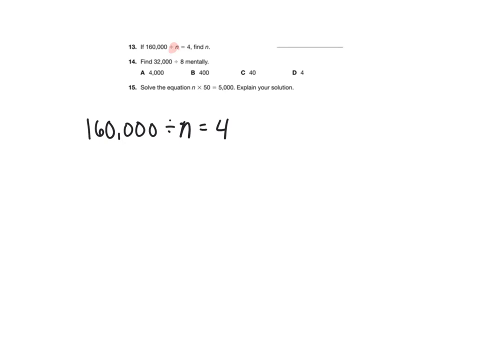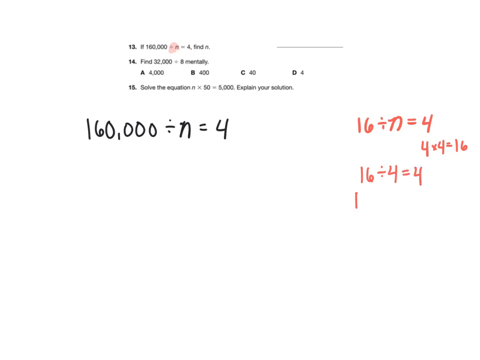So let's start with not this huge number, 160,000, because that's just a little bit too much for me right now. Let's just start with 16 divided by mystery number equals 4. Well, I bet you know that 4 times 4 equals 16, right? So that would mean that 16 divided by 4 equals 4.